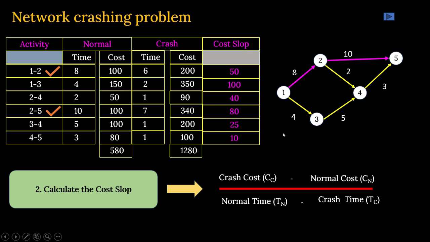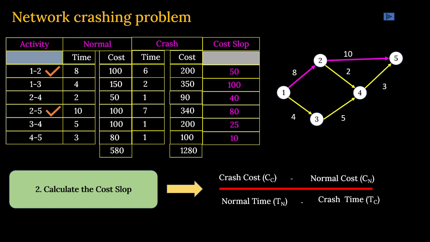Now the point is, what is the meaning of crashing? It means to reduce the project duration. It can be by one day, can be by 2 days, or whatever the management thinks, accordingly it will be done.